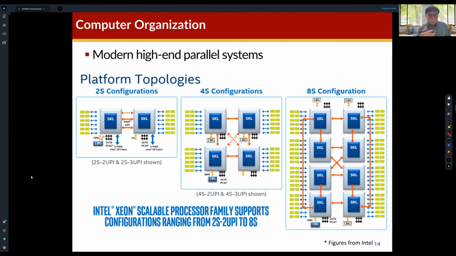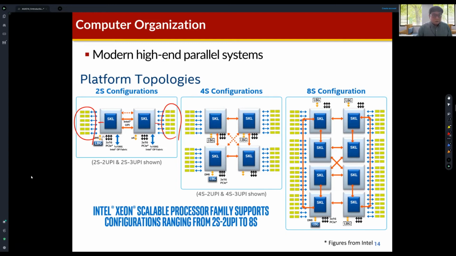I just showed some topology introduced by Intel. We use this high performance server configuration in server systems. As you can see, server systems can have multiple CPUs like this, and memories are connected to these separated CPUs.